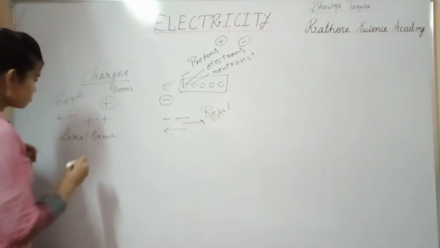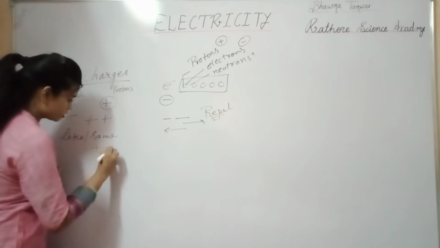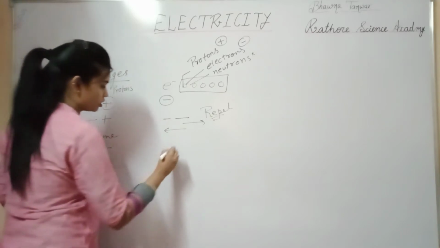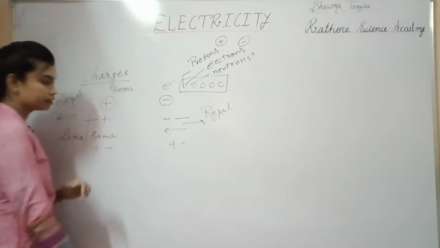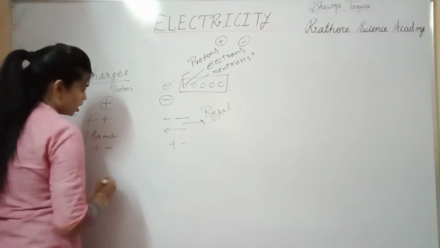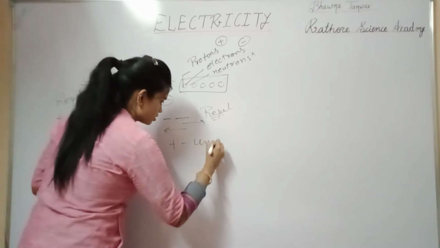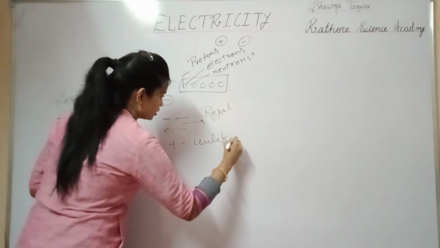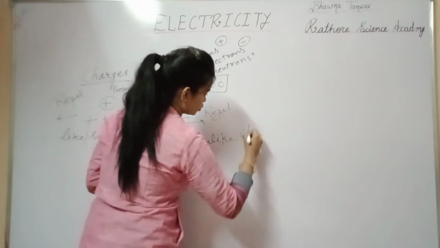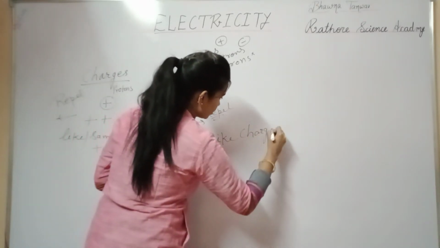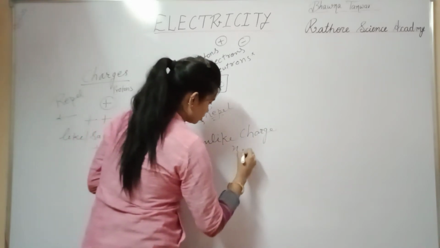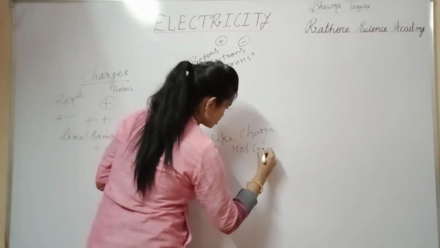And if there is a positive charge and a negative charge, that means unlike charges, or charges which are not the same.